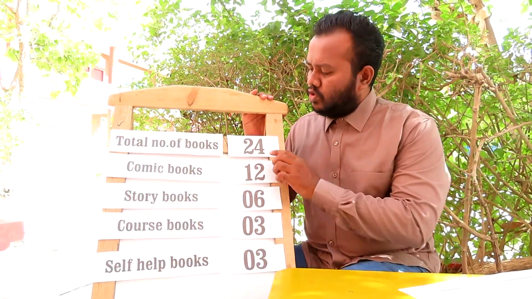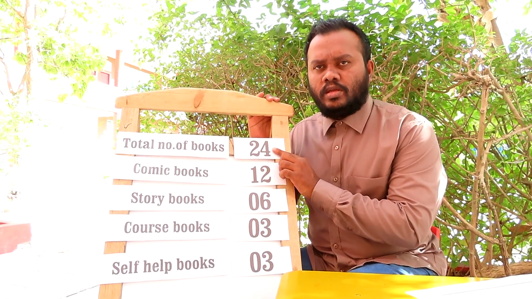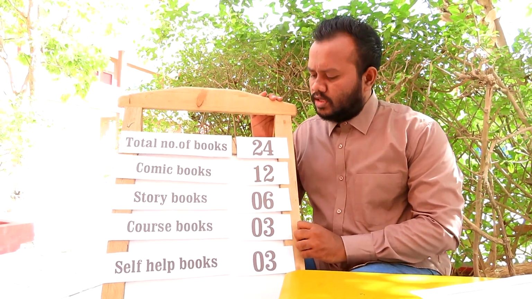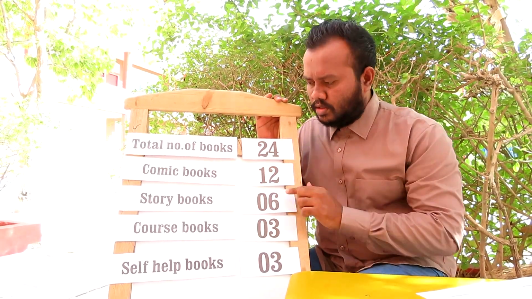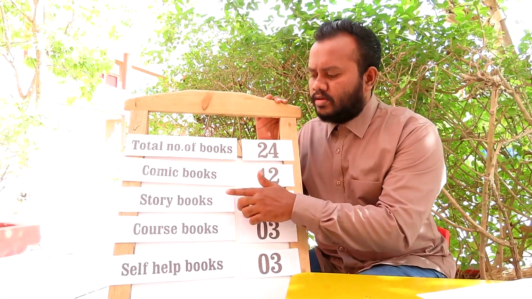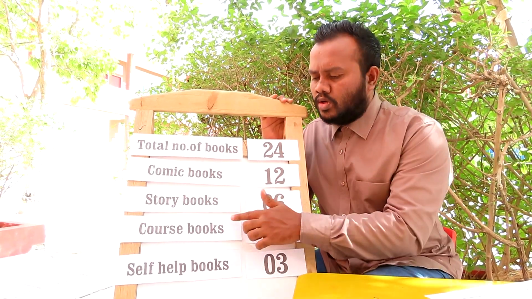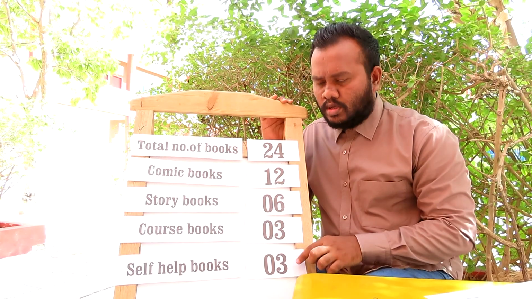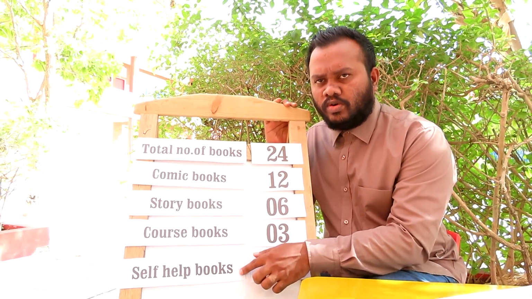I have 24 books with me. Out of these, 12 books are comic books, 6 books are story books, 3 books are course books, and the remaining 3 books are self-help books.